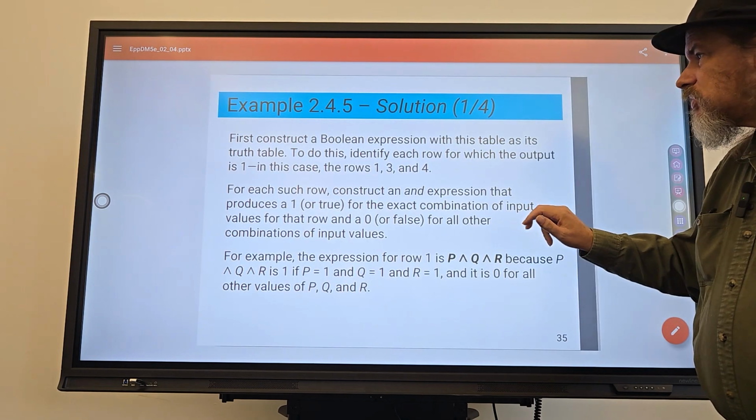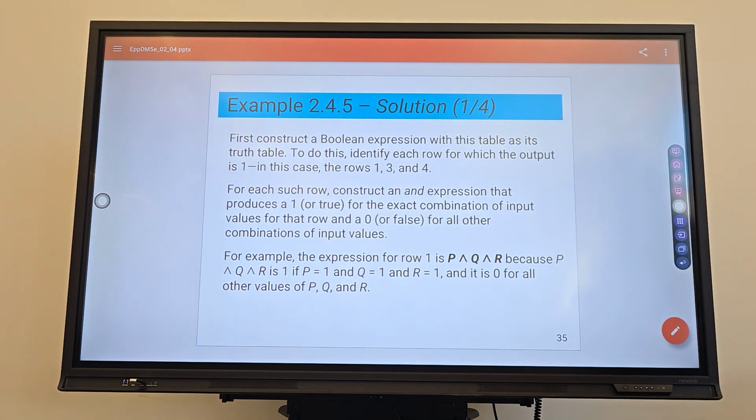So what you do is you first construct the Boolean expression with its table as its truth table. To do this, identify each row for which the output is 1, in this case 1, 3, and 4. For each such row, construct an AND expression that produces a 1, or true, for the exact combination of input values for that row, and a 0 for all other combinations of input values.